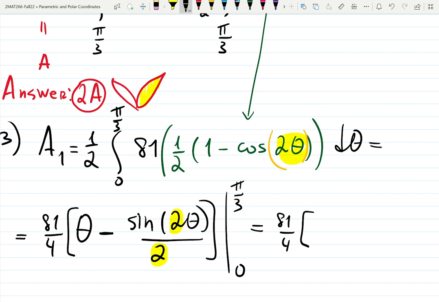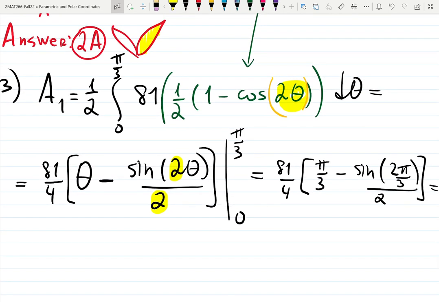That will be pi over 3 minus sine 2 pi over 3, over 2. The final answer is, so they are simplifying, I can see, 81 over 4, over 3.